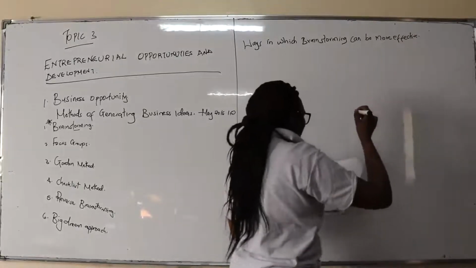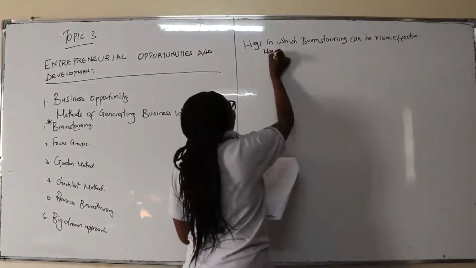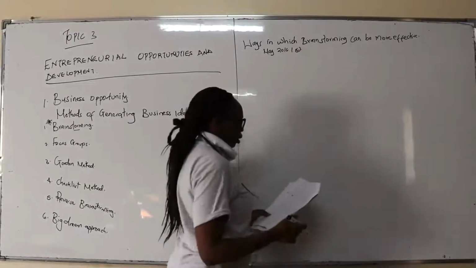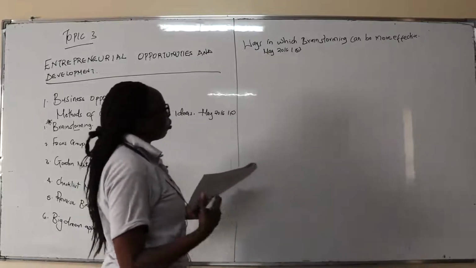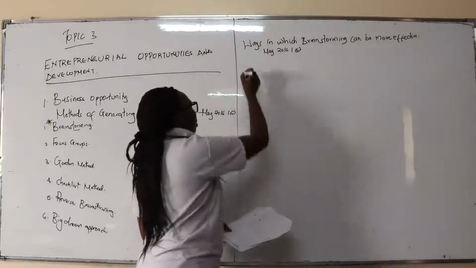This question was tested in May 2016, question number 1C. You are asked to state ways or methods in which you can make brainstorming more effective.